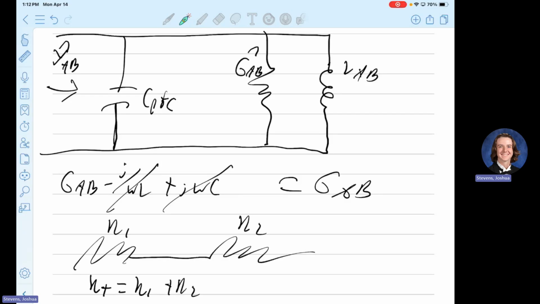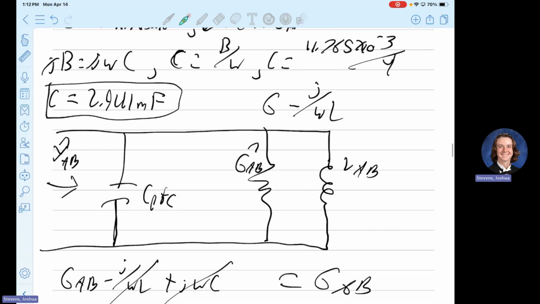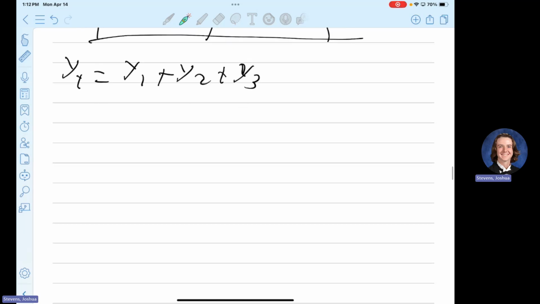I've looked at previous Russell problems, and if you found driving point impedance, it'll be a negative reactance, or if you find driving point admittance, it'll be a negative susceptance. So he's only ever had it to where it's either this or this.